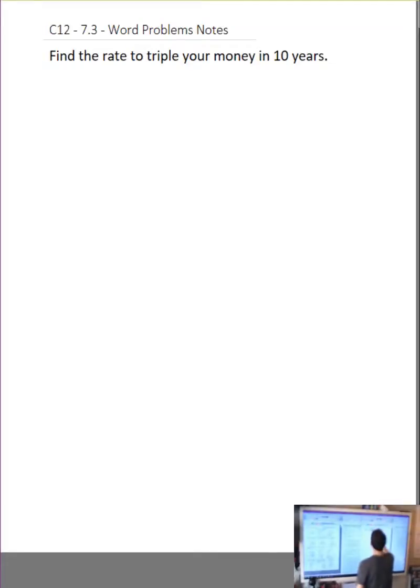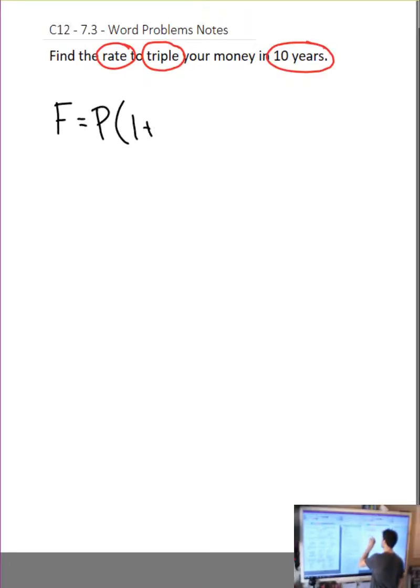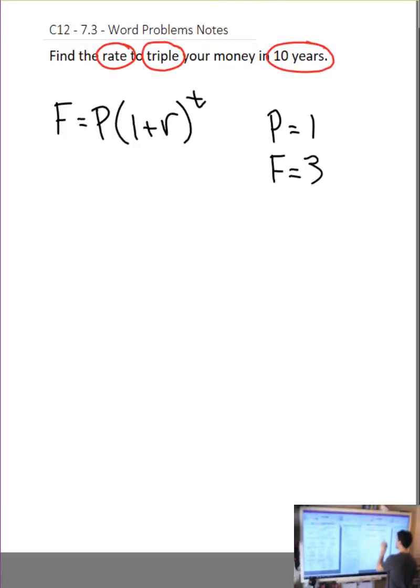Okay, find the rate to triple your money in 10 years. So we're working with money. We're usually going to start off with future equals present, 1 plus r to the exponent t. Now we're finding the rate to triple. So what would our present value be and what would our future value be? Well, it's arbitrary. I'm going to call my present value 1, and therefore if I triple it, a future value of 3.